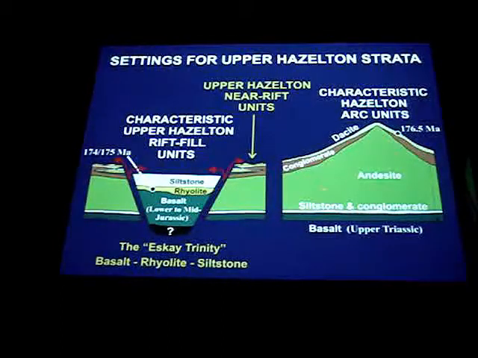It can be rocks of the lower andesitic units of the Upper Hazelton. We can see Upper Triassic Stuhini group rocks here in the floor of the rift. And in one case, we actually see Paleozoic Stikine assemblage stratigraphy sitting in the floor of the rift. So these rocks are sitting on a Stikine assemblage, highly metamorphosed Paleozoic basalts and limestones. So lots of variation down there.